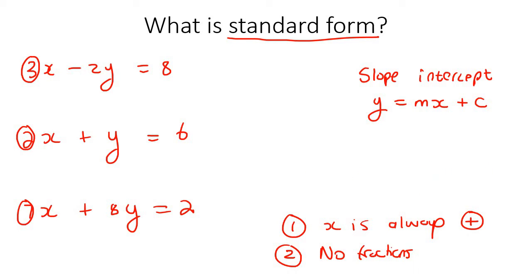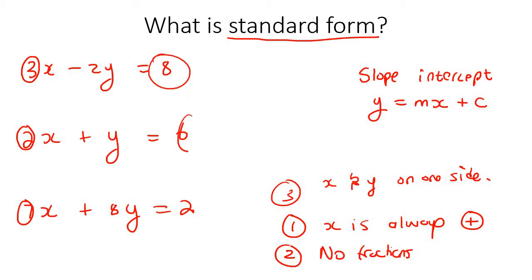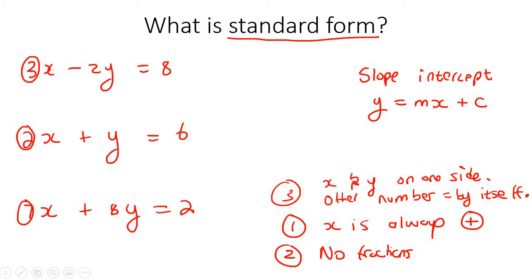And then number three is that x and y are on one side, and the other number, the normal number, is by itself. That is standard form.